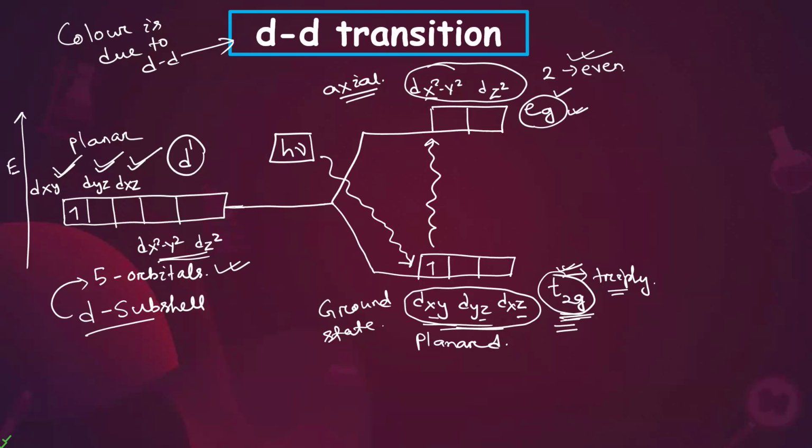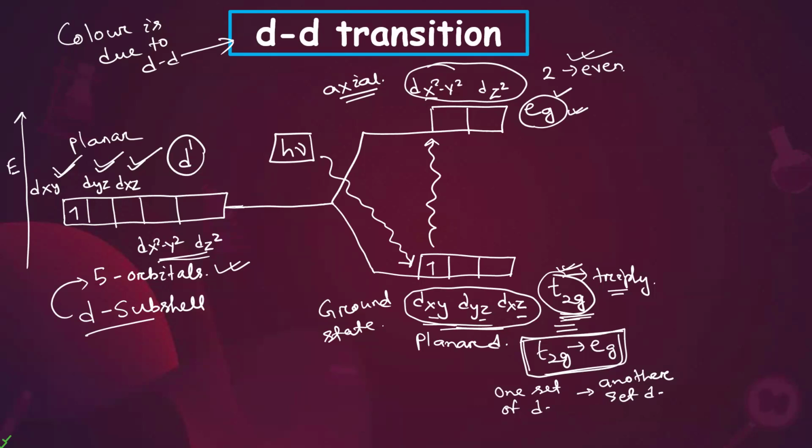It jumps from T2g to eg. That is, from one set of d orbitals to another set of d orbitals. Clear?